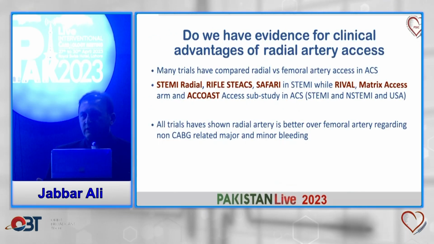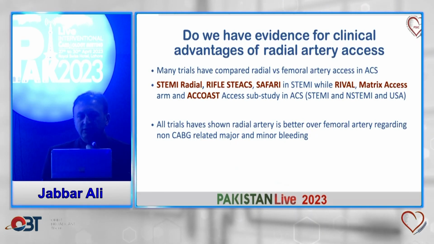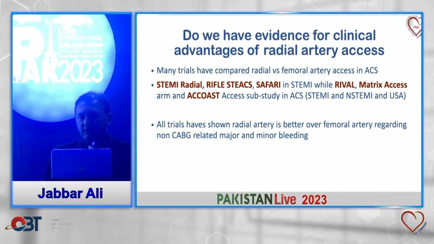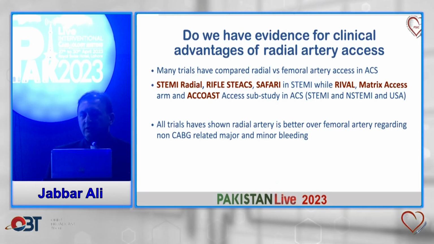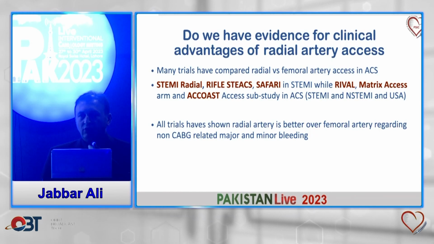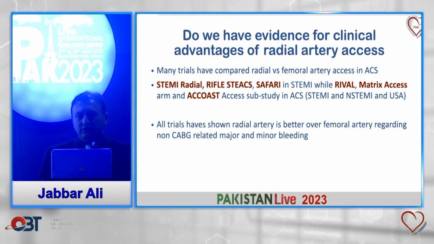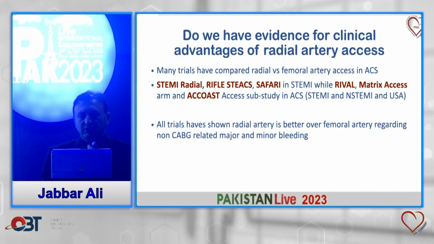So what is the evidence that we have? We have a battery of trials like STEMI Radial, RIFLE, SAFARI, and RIVAL, MATRIX, COST. These all trials were done in acute coronary syndrome, and STEMI Radial includes only the STEMI patients. And all trials showed that radial artery is better over femoral artery regarding non-CABG related major and minor bleeding.